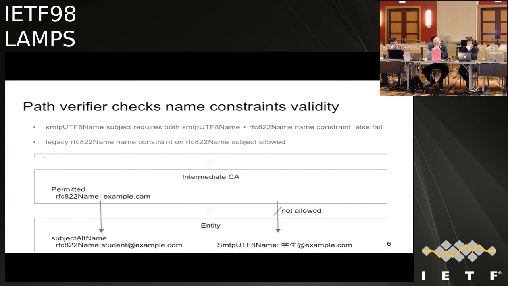Basically, the rule would be that if a path verifier sees that there's only an RFC 822 name, and it sees that there are subjects with SMTP UTF-8 name, it would fail verification because the name constraint didn't fully consider SMTP UTF-8 name.